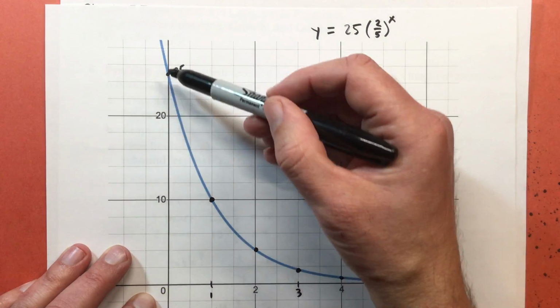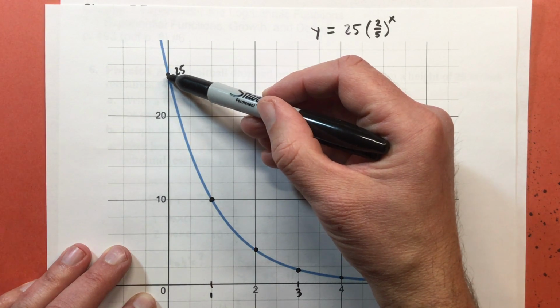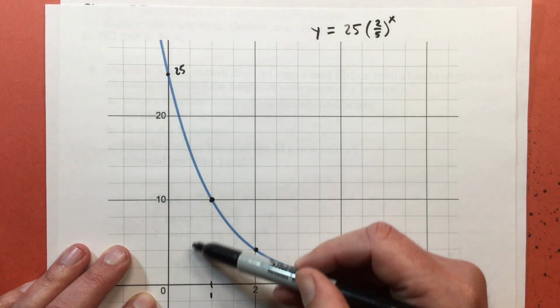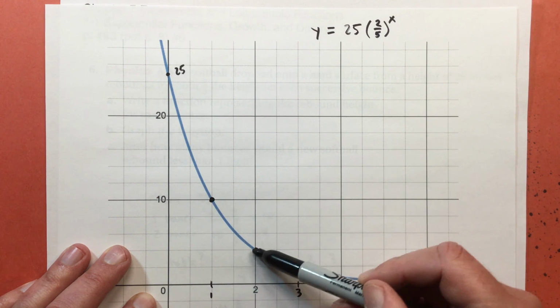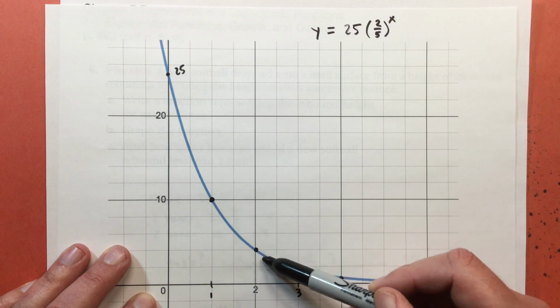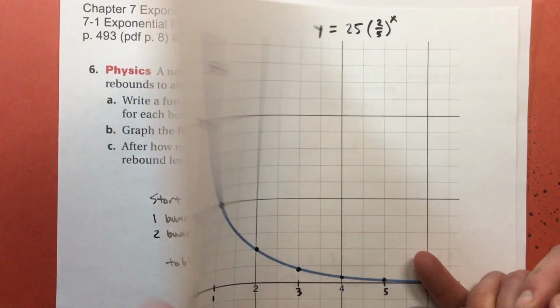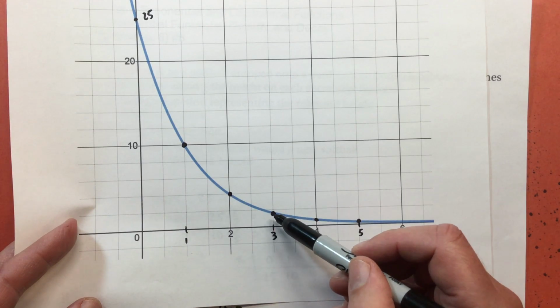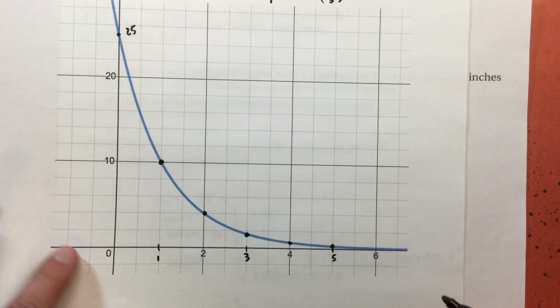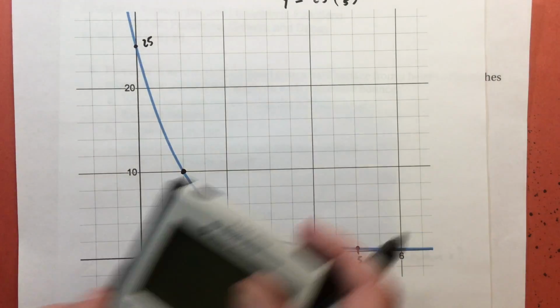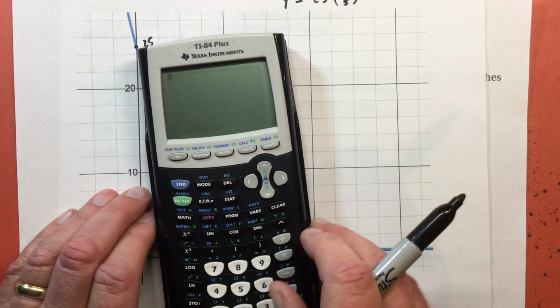So dropping at 25, the ball comes down and bounces up to 10 inches. Then it comes down and bounces up to 4 inches. Then it comes down and bounces up to, what was it? I lost my place. 1.6 inches or whatever it is. Okay? And let's do this on my calculator so we can see what it looks like.